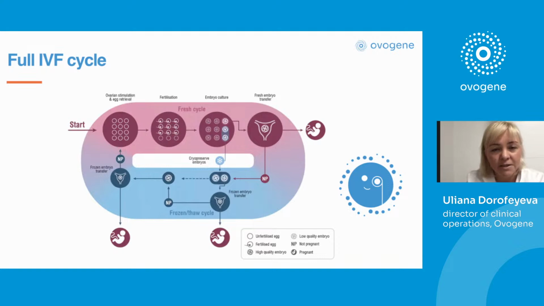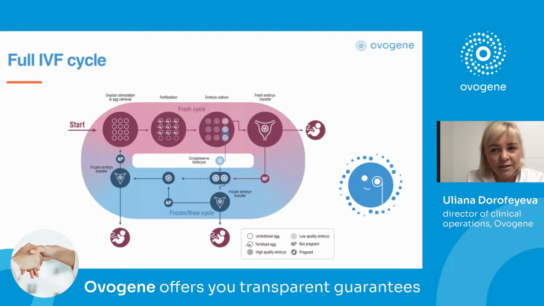So sometimes we could recommend several stimulation cycles in order to accumulate the oocytes and then the further zygotes, depending on whether we are going to proceed with the spindle transfer or the pronuclear transfer technique.